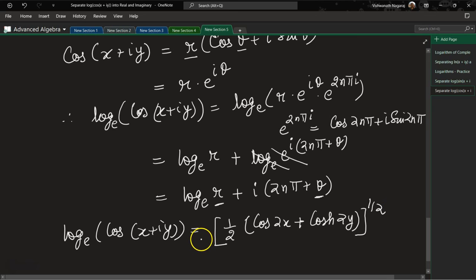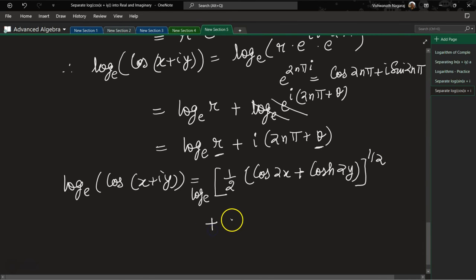And remember, we have to write log of that, plus I times 2n pi plus theta. Theta is minus tan inverse of tan x times hyperbolic tan y.